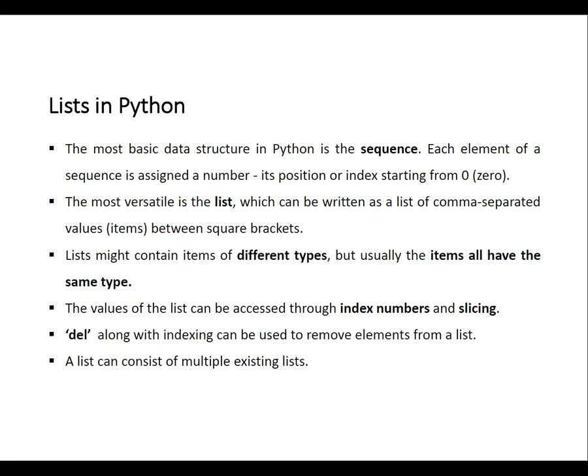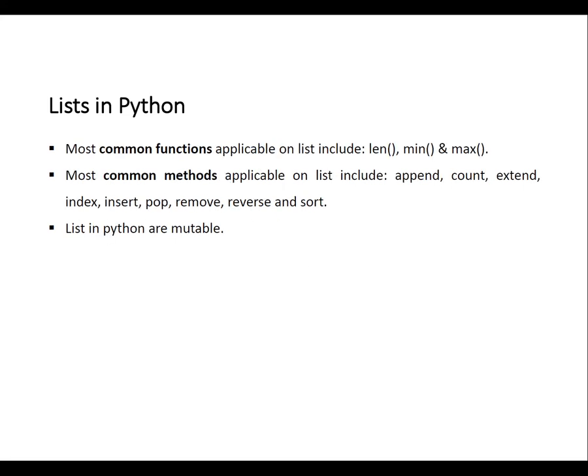We have seen nesting of list is also possible, and we have studied the three common functions applicable to the list, that is length, min and max. Specifically we have studied how min and max work on string values. Length is comparatively simpler. So that is all for this particular session of Python.